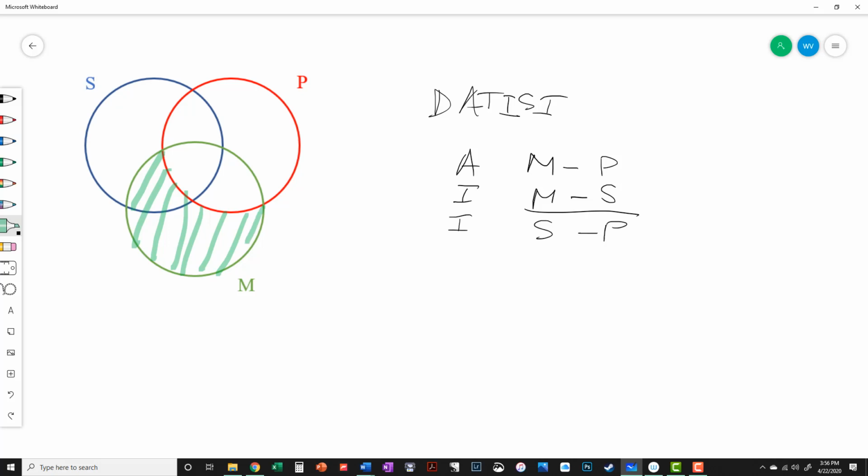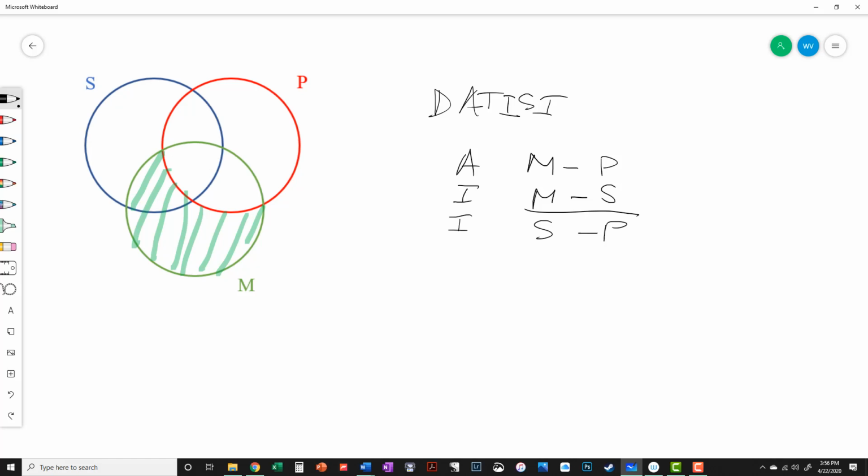Okay, so there's our A proposition done. Now the I proposition says some M is S. We're dealing with the M circle and the S circle. In other words, that I proposition is telling us that this intersection of S and M has to be non-empty. Well, how do we show that something's non-empty? We draw an X. But where do we put it?